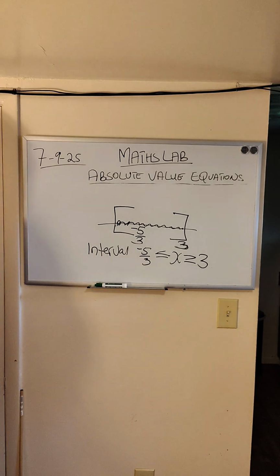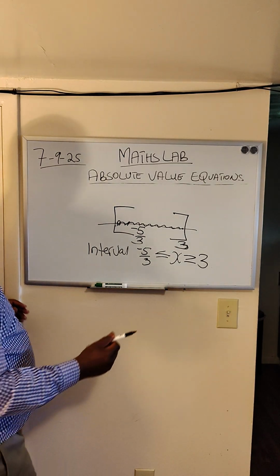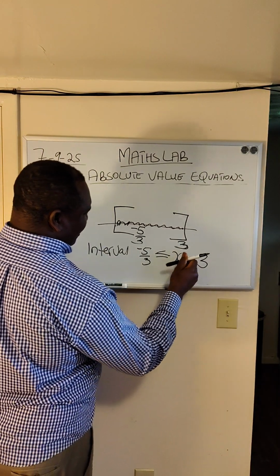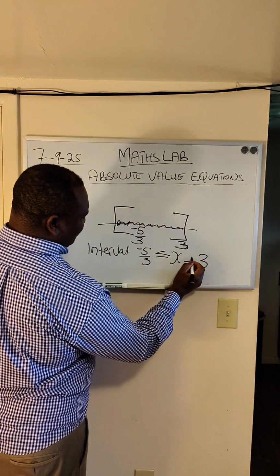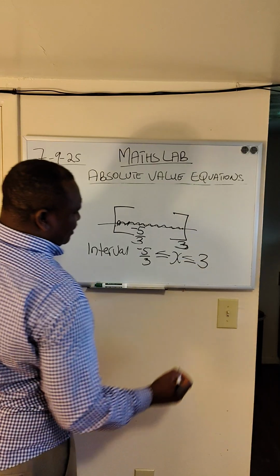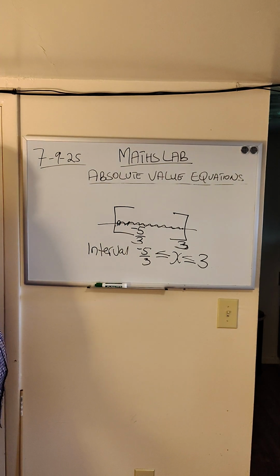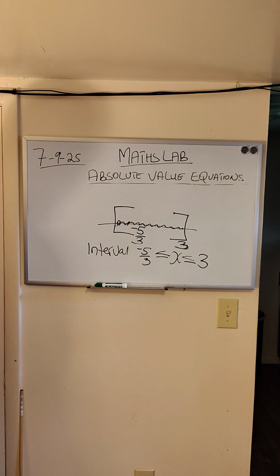In this case, the sign stays the same. So x is also less than or equal to 3. X is less than or equal to 3. Nevertheless, 3 as a number itself is greater than negative 5 over 3.